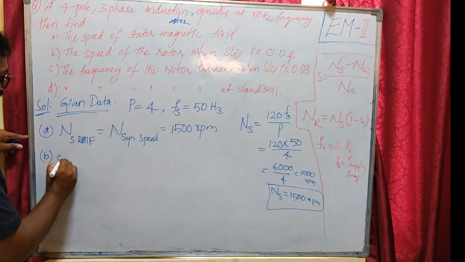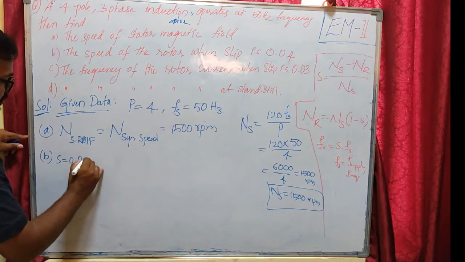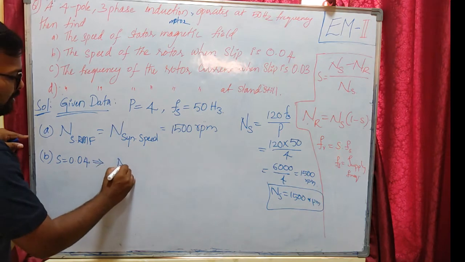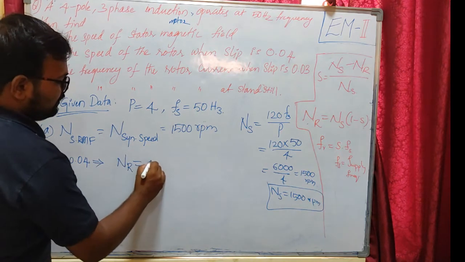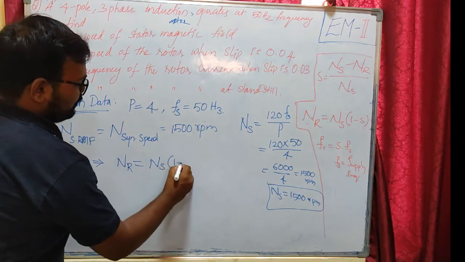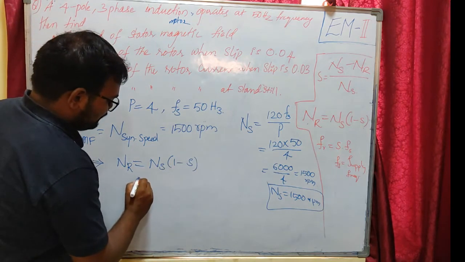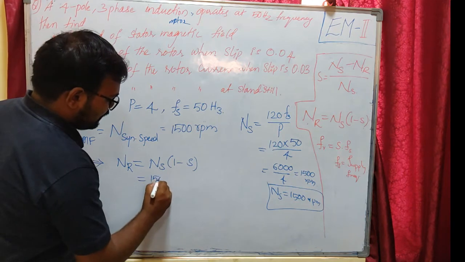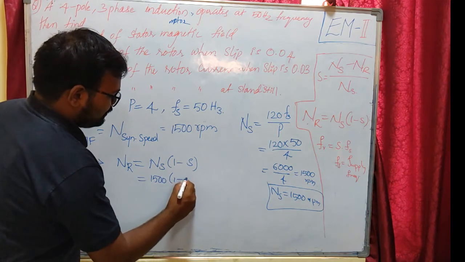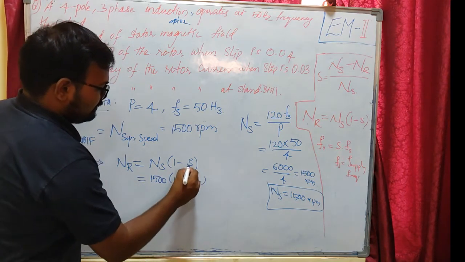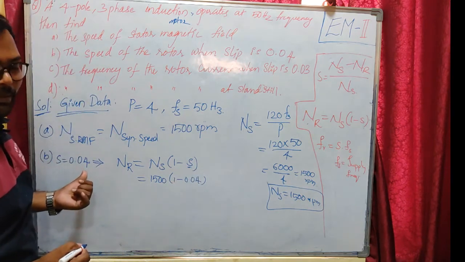Slip equal to 0.04. Now I am substituting the values: Ns is 1500 rpm into (1 minus 0.04). This is the slip value he has given here, 0.04.